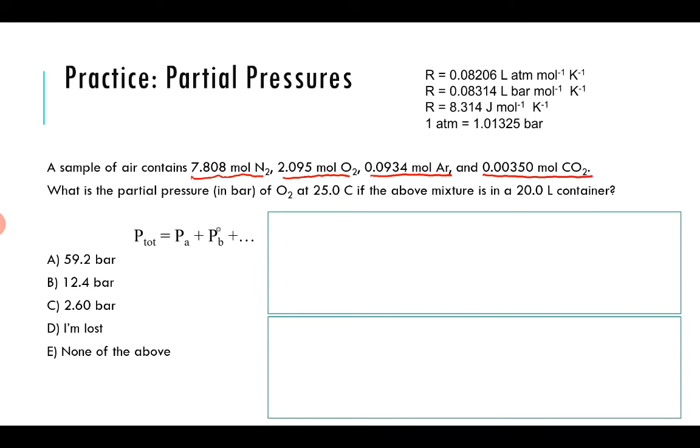What is the partial pressure in bars of O2 at 25 degrees Celsius if the above mixture is in a 20.0 liter container? And so we want the partial pressure in bars. Go ahead and pause the video and see if you can work out what the partial pressure in bars is.